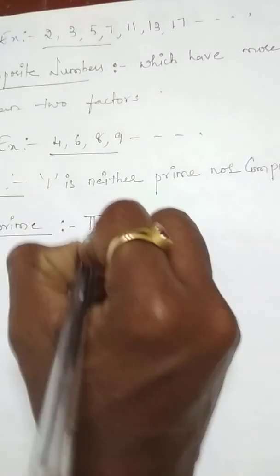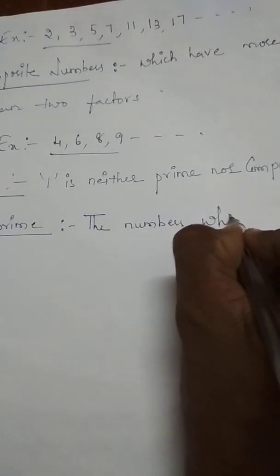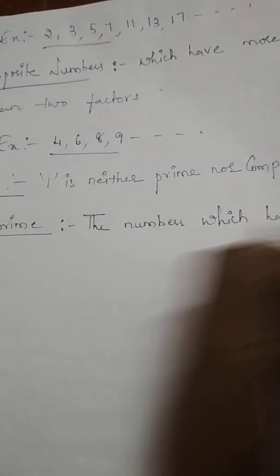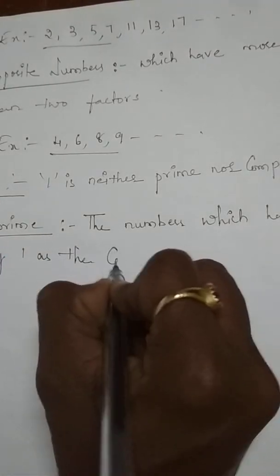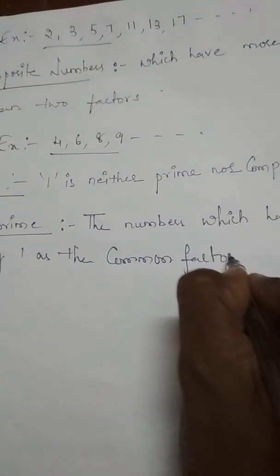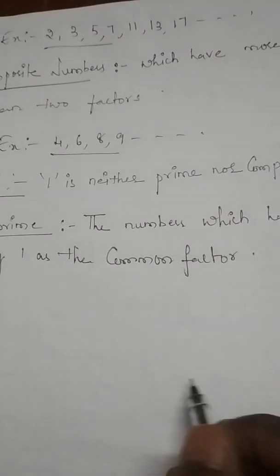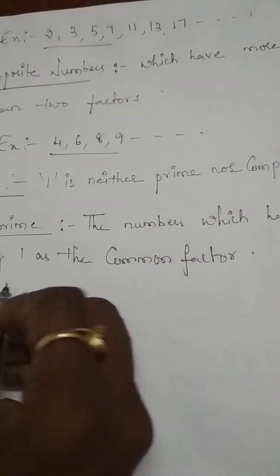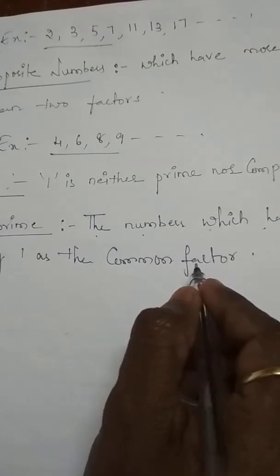The numbers which have only 1 as the common factor are called co-primes. Simply we can say that two primes are always co-primes, but all co-primes need not be primes. What is this? The numbers which have only 1 as a common factor.